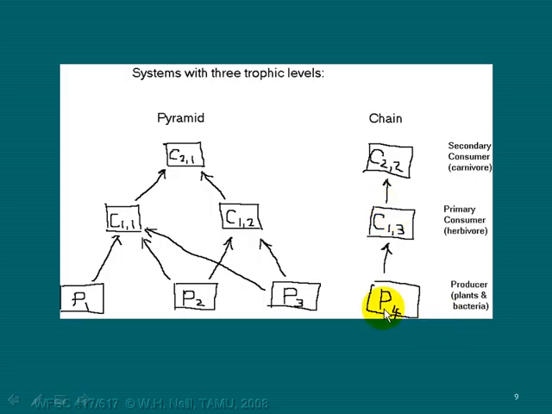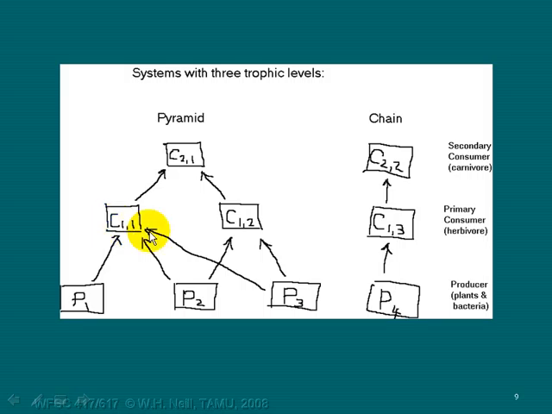Over here on the right is a chain, which is a simpler system with just a linear arrangement of producer and consumer. And then over on the left is something to emphasize the pyramid idea, where you got 3 levels of producers, or 3 different kinds of producers, and consumers at the first level, which would be the herbivores, are eating the producers.